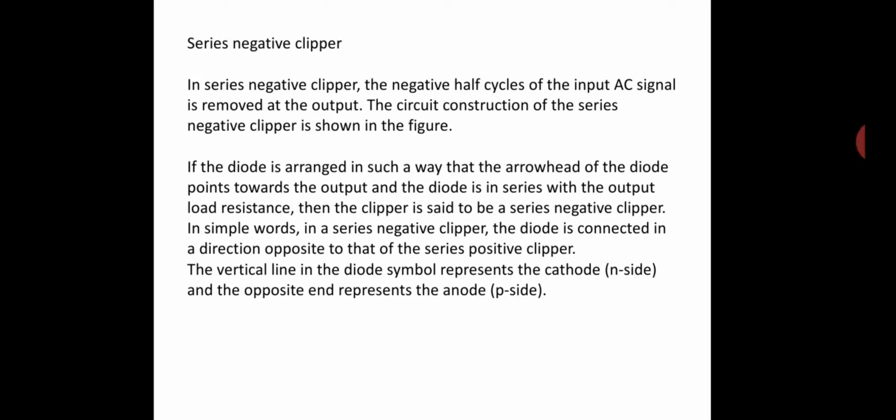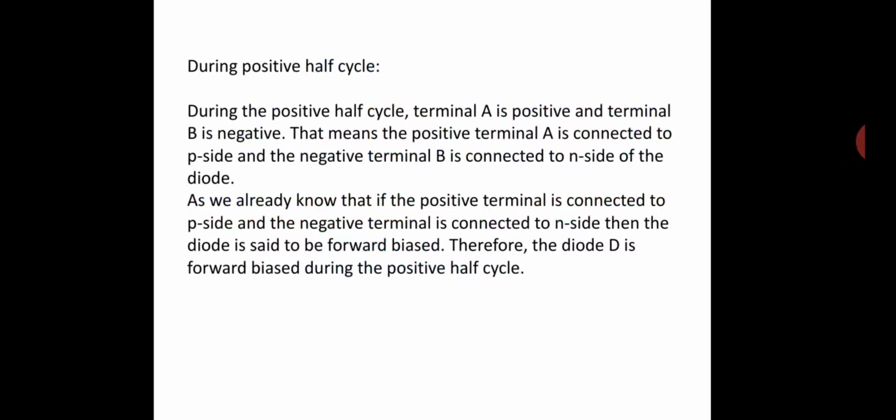The diode is in series and the output is connected at the load. The output is always positive and eliminates the negative input supply, so it is called a series negative clipper. How does it work? During the positive half cycle, terminal A is positive.